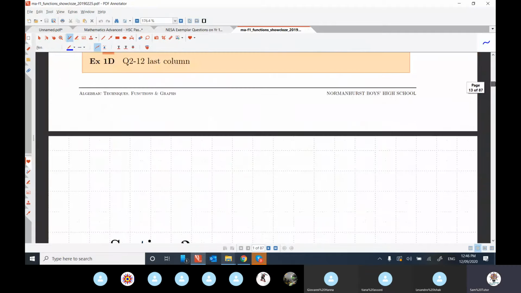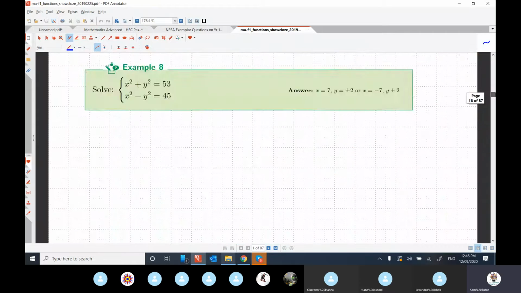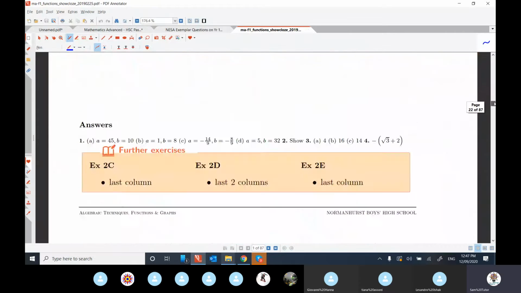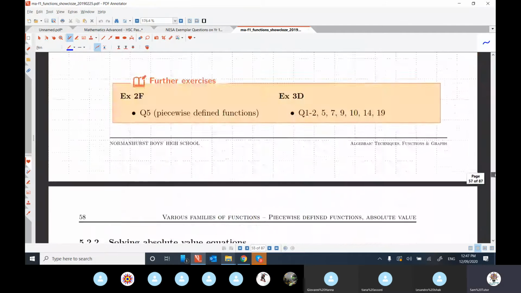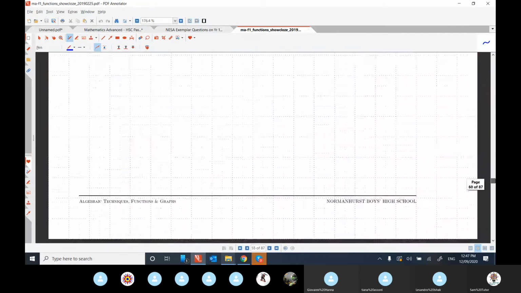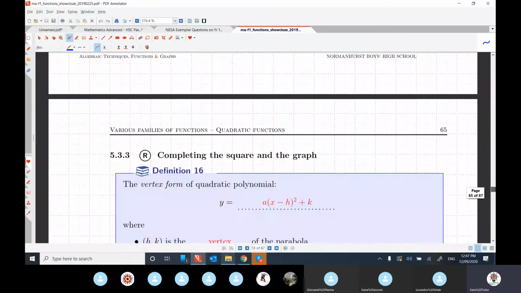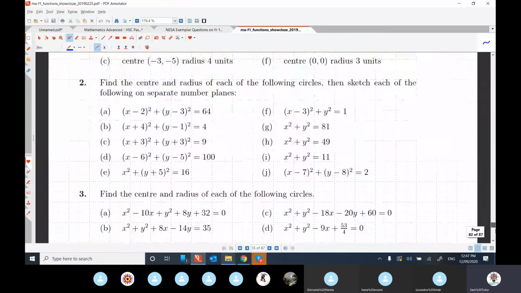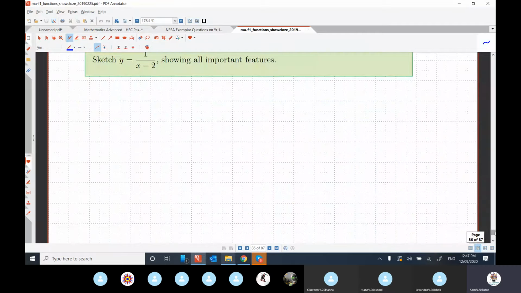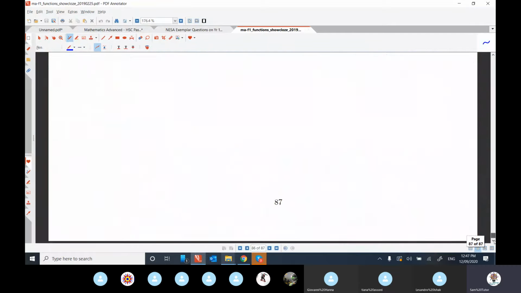You guys remember this booklet? A long time ago now. Yes, exactly.